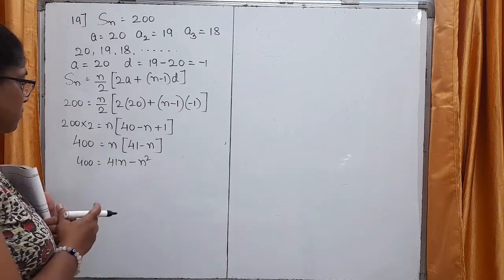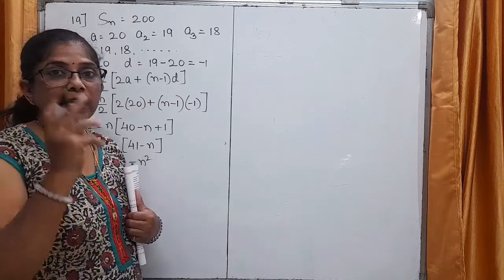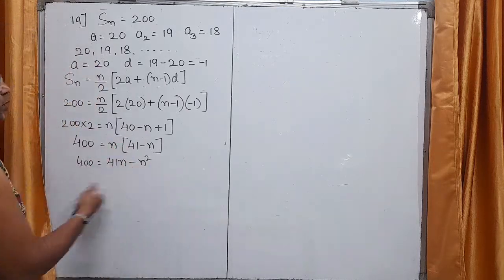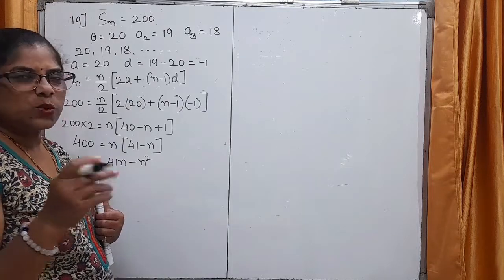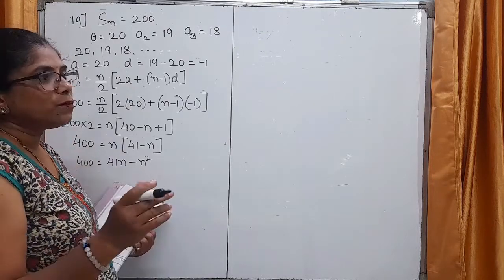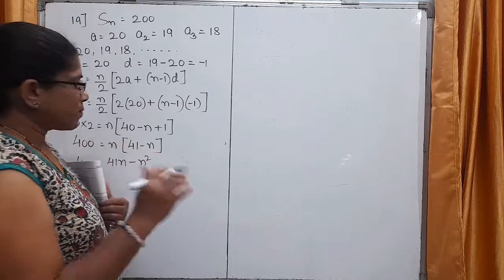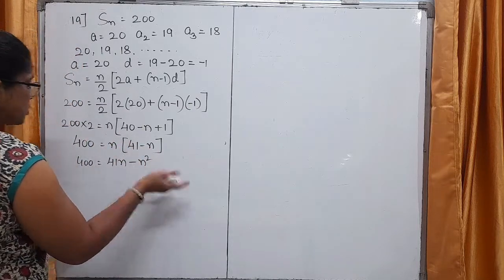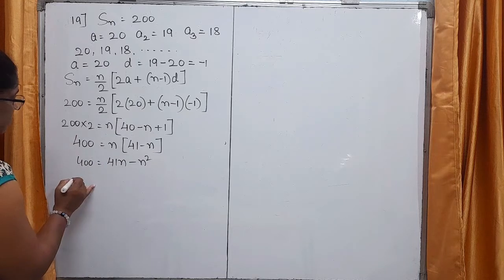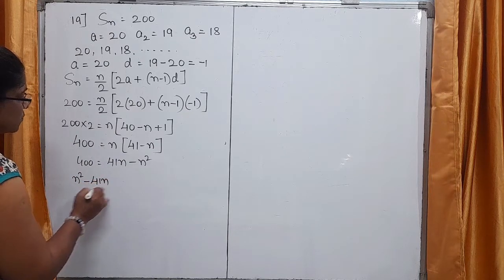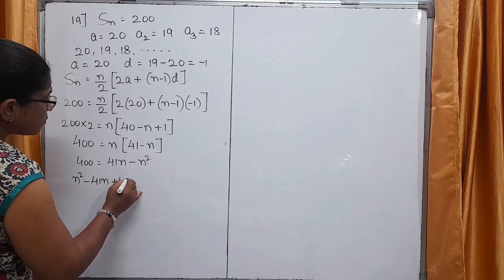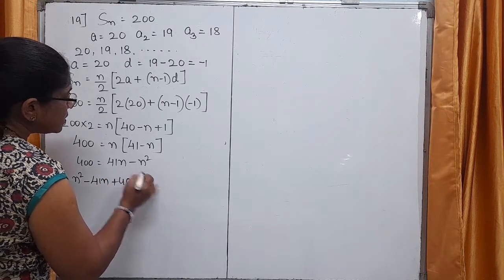Now here we have to form a quadratic equation. Whenever we solve a quadratic equation, the square term should not have a negative sign. Always we prefer to make it positive. So here we will shift this minus n square to the LHS. n square minus 41n plus 400 is equal to 0.